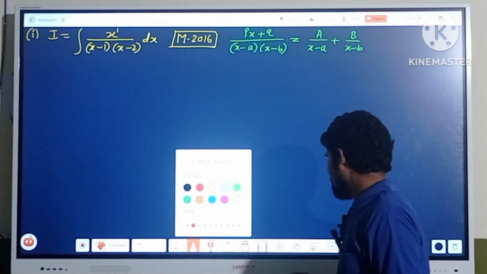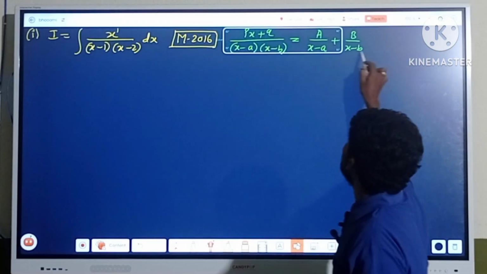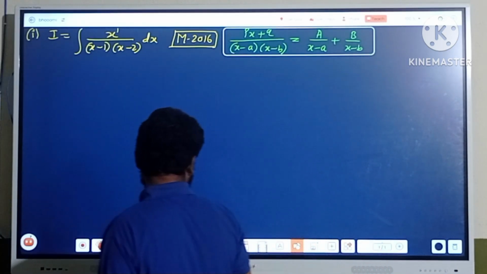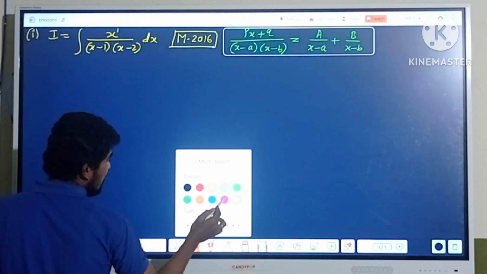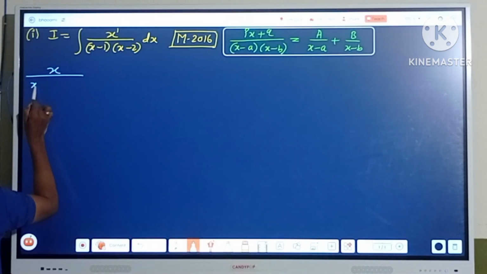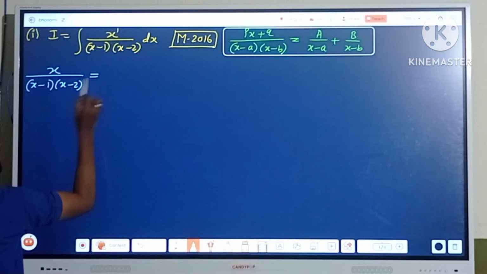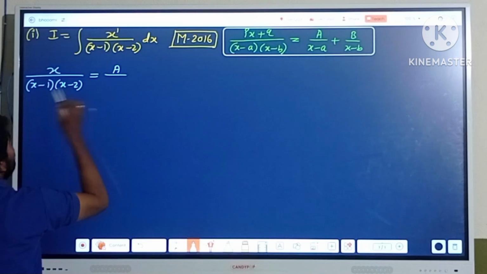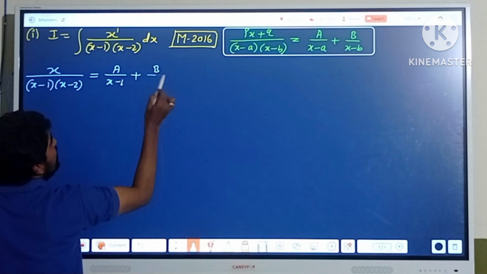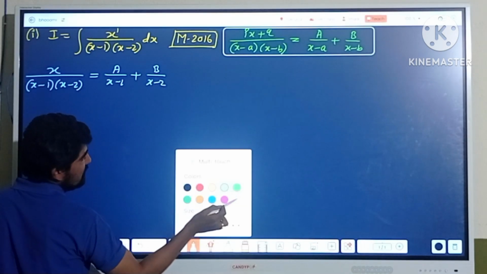So by using this partial fraction format, the given integrand x divided by (x minus 1) into (x minus 2) can be expressed as A divided by (x minus 1) plus B divided by (x minus 2), and let's say this is equation k.